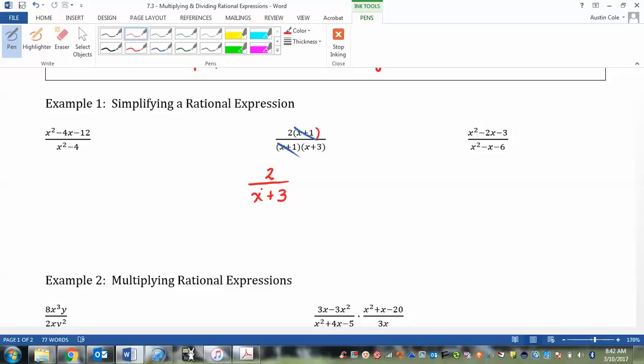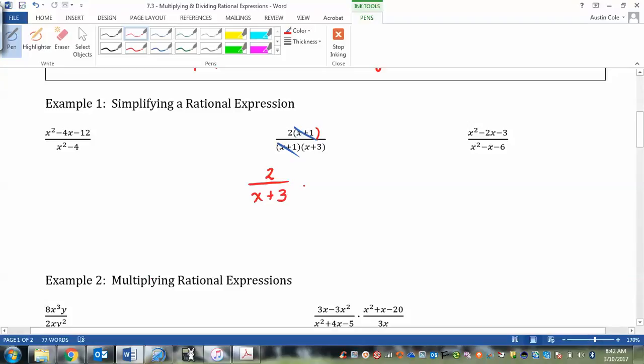Now, what value of x, or I should say, what value can x not be? I'll rephrase my question. What value of x will make the denominator 0? Would you guys agree that -3 would make the denominator 0?